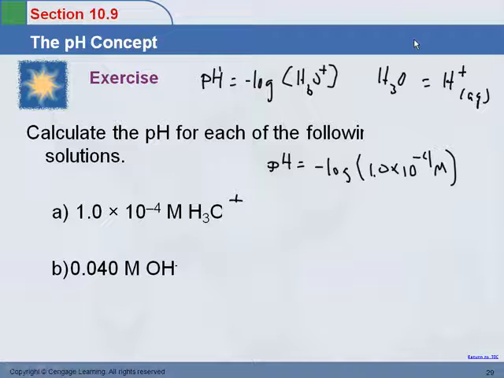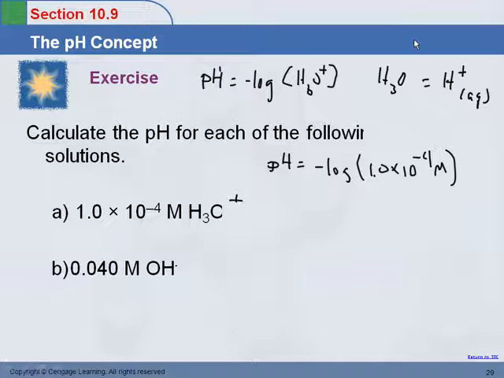Okay, in B, I'm given 0.040 molar hydroxide ion. Notice, in order to calculate pH, I have to have hydronium ion. So I cannot take this 0.040 and just pop it into the pH equation. I've got to do something else first. I have to calculate my hydronium ion concentration.